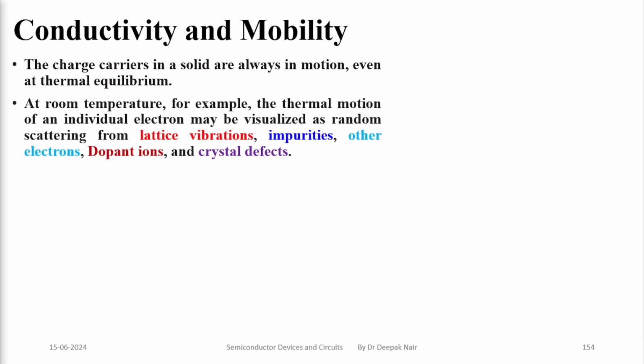Second point, at room temperature the thermal motion of an individual electron or hole may be visualized as random scattering. So they travel very randomly, there is no defined path, and they are moving randomly just because they are scattered from the presence of vibrating lattices or lattice vibration, impurities, or we can say dopants, other free electrons which are moving inside the semiconductor, dopant ions, and crystal defects.